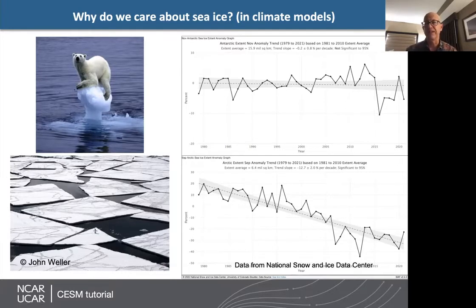Then something really interesting happened in the Southern Hemisphere, where we've seen these anomalously low years in terms of the ice extent in the Antarctic. And there are actually a lot of presentations at this meeting that I'm at that are talking about this and what seems to have happened over the last couple of years.